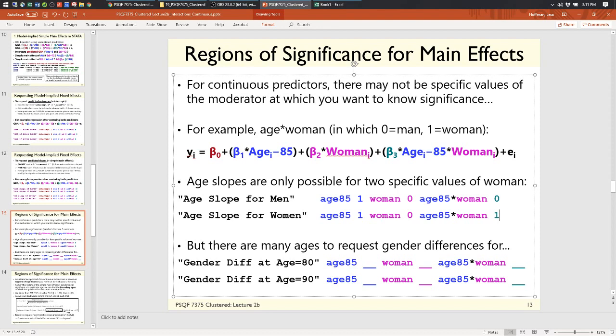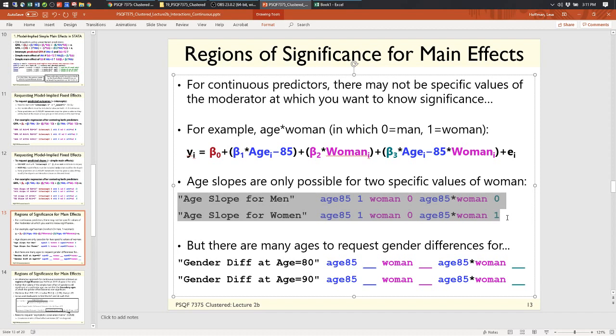All 3 pieces of information, the model is only going to give you 2 directly, but a third is an easily obtainable linear combination. So if I'm talking about the age slope as the thing I care about and gender as my moderator, that's it, right? That's the end of the list if I've only collected gender as a binary variable.